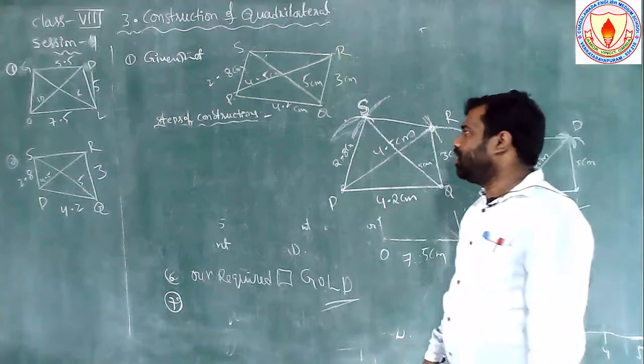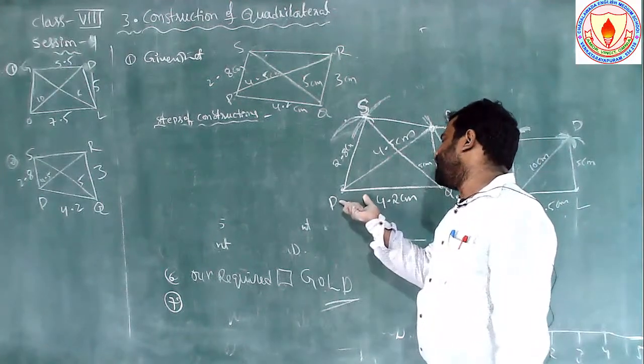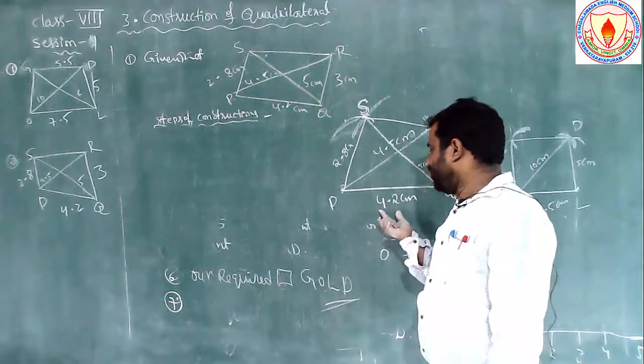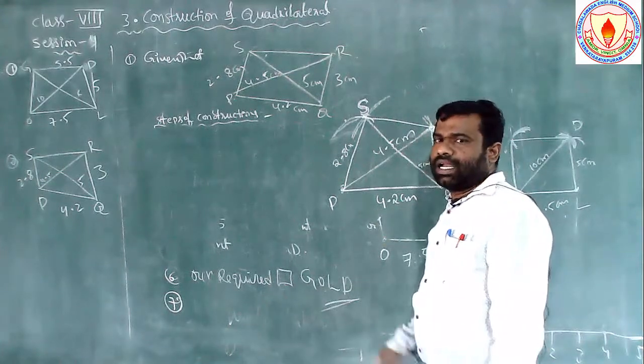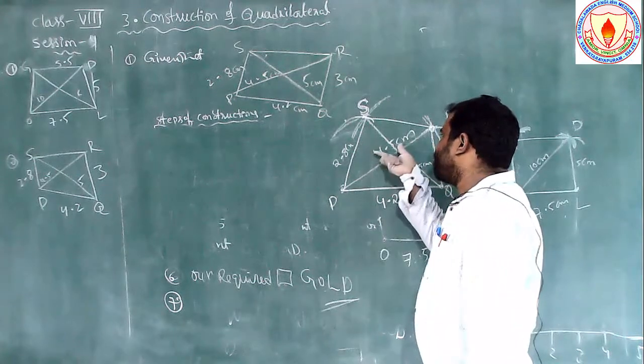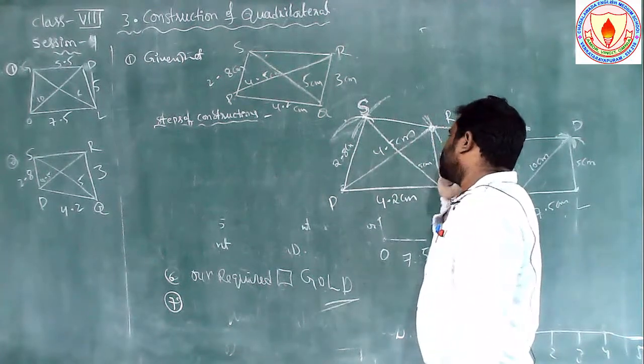Yes or no? So first you have to write the first step: draw the line segment PQ with 4.2 centimeters, and from P and from Q draw arcs of 4.5 centimeters and 3 centimeters.